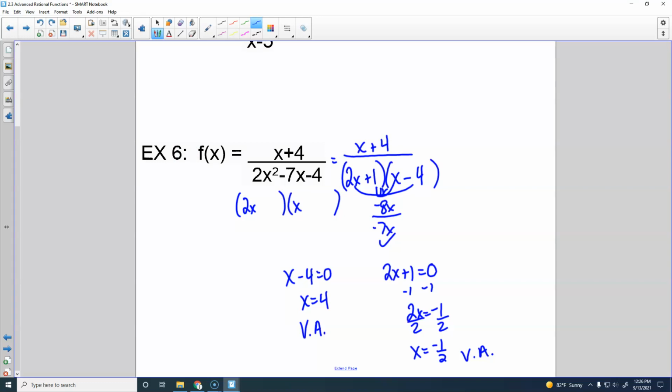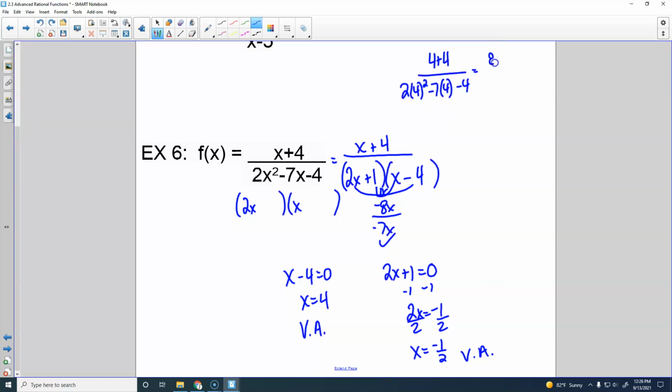That's a good question. The reason that we have discontinuities here is because if I plug in a number and I get a 0 on the bottom of the fraction, that's undefined, right? If I plug in 4 into this equation, I would get 4 plus 4 over 2 times 4 squared minus 7 times 4 minus 4.